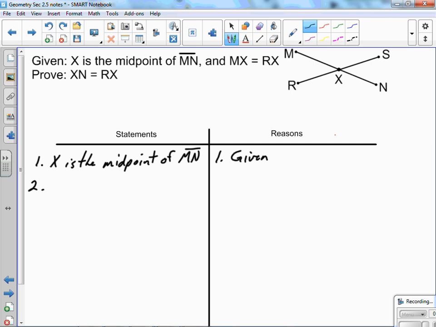So now that we know that X is the midpoint, one thing we have to remember is what is a midpoint. And for a segment, the midpoint is the point that would divide the segment into two congruent segments.